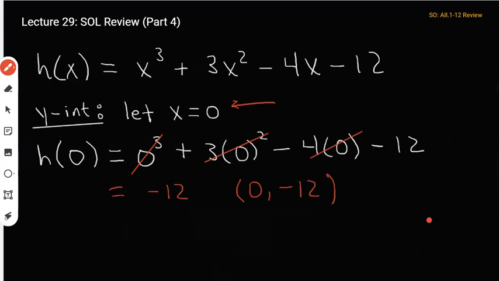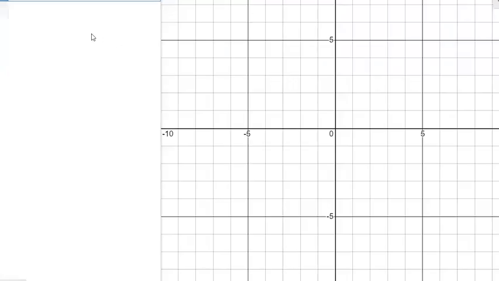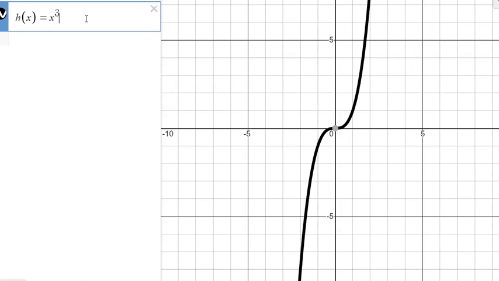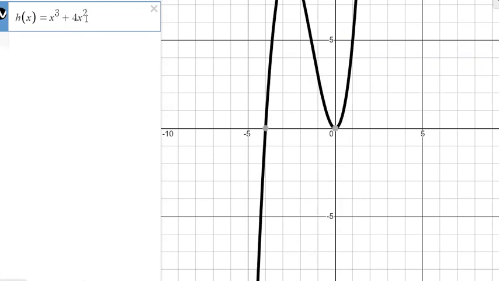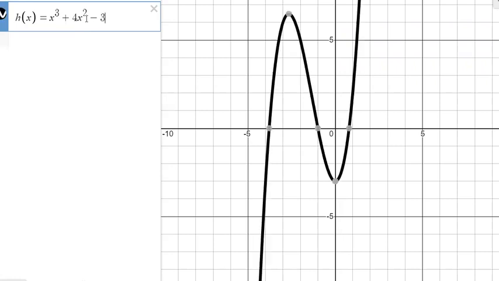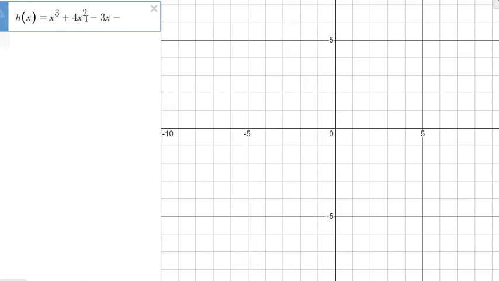Now, another way you can do this, you can graph it, right? So if I was to graph it, I would just type it in the way that I see it. h of x equals x cubed plus 4x squared minus 3x minus 12.